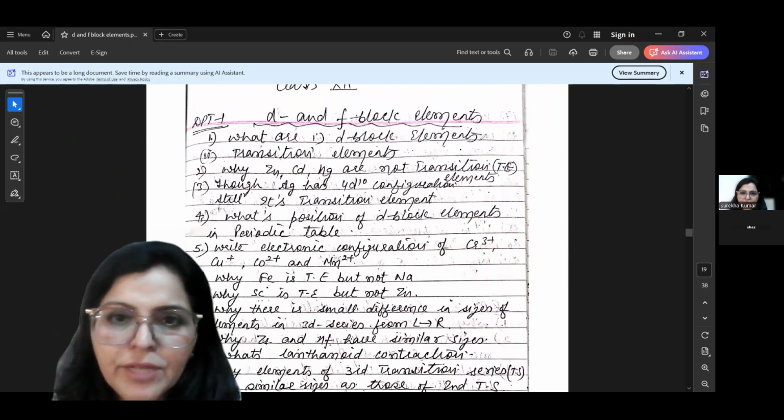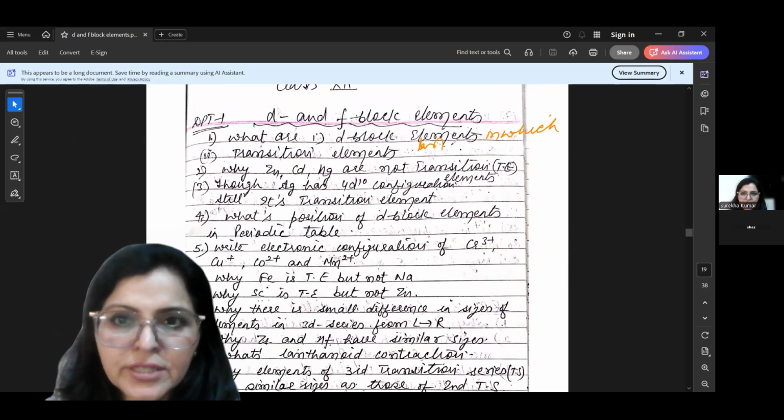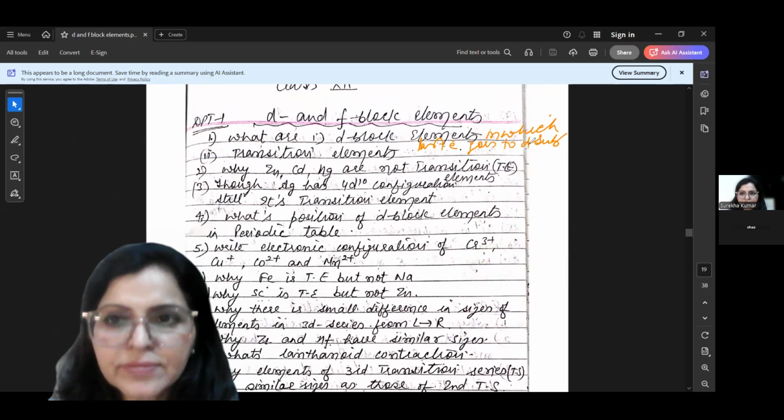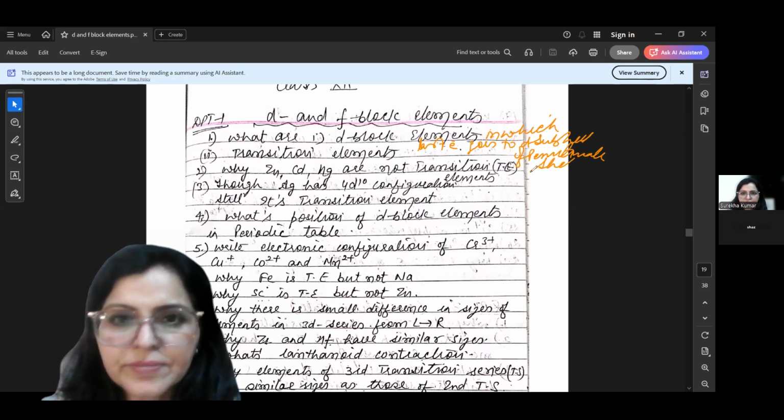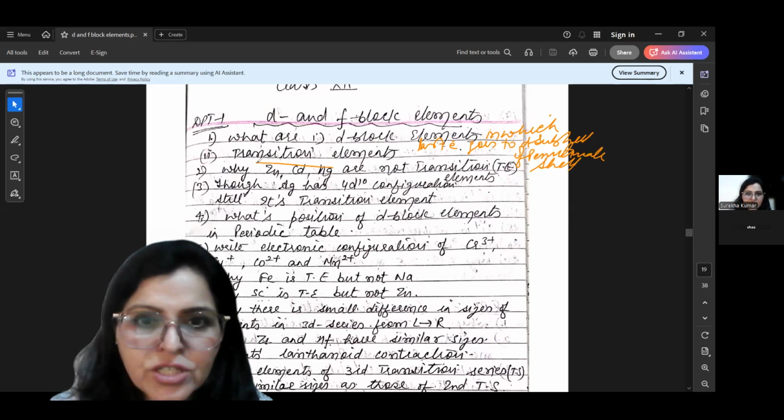What are the d block elements? Those in which the last electron goes to the d subshell of the penultimate shell. What are the transition elements?